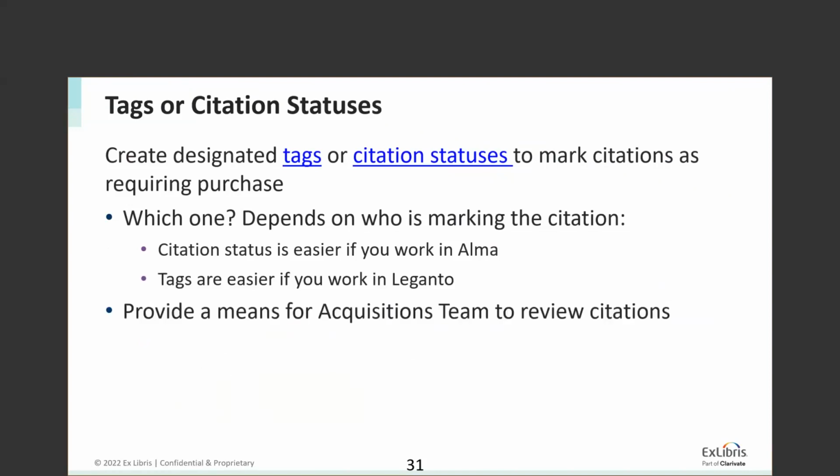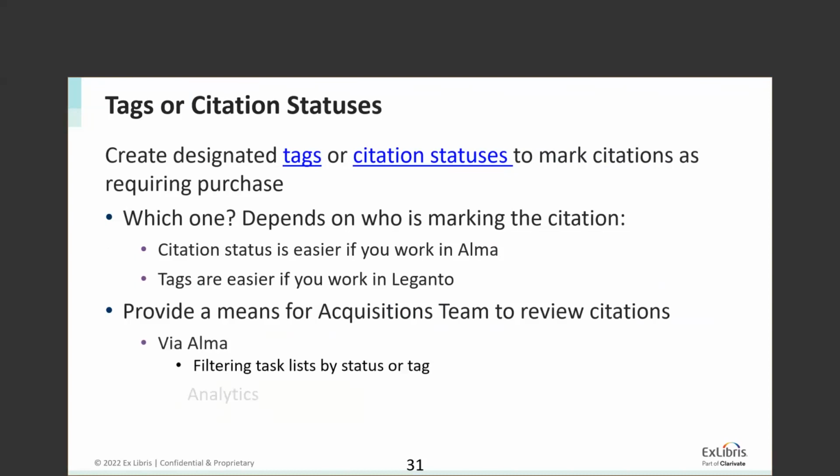So once you have a way to designate that a citation needs to be reviewed for purchase, you also need a way for the acquisitions team to understand that there are candidates for purchase here. There are a couple of options for this. The first is that in Alma, they could take a look at the citation task list and filter to either the citation status that you have set up or the tag that you set up, and there see a list of all of the citations that need to be purchased or should be reviewed.